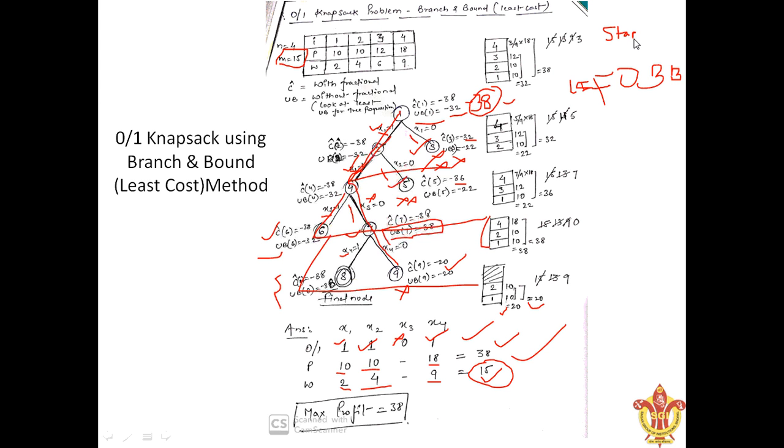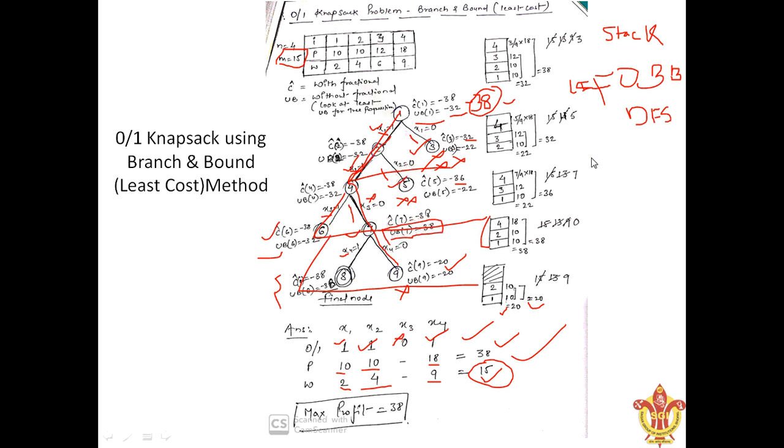It uses stack and DFS, depth first search. We have seen that approach earlier, and that is used to branch and bound. Which node will we have to expand?